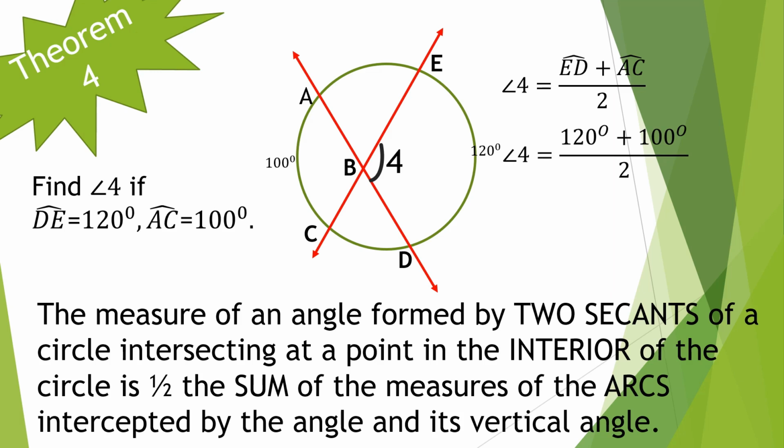So arc DE is equal to 120 degrees plus arc AC, or CA, is equal to 100. So 120 plus 100 is equal to 220 divided by 2, so 110. Therefore, angle 4 is equal to 110.